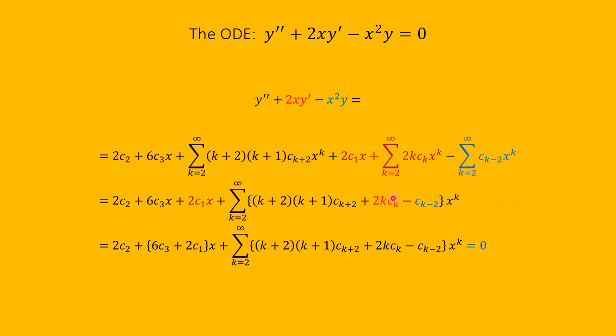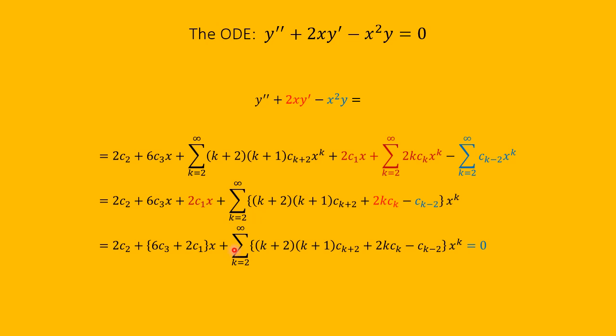These three sums in red, blue, and black can be combined into one sum. So that's what's going to happen at the next step. These first three things that we see right here are just these two terms plus this term. And then to combine this sum and this sum, we get this stuff right here.